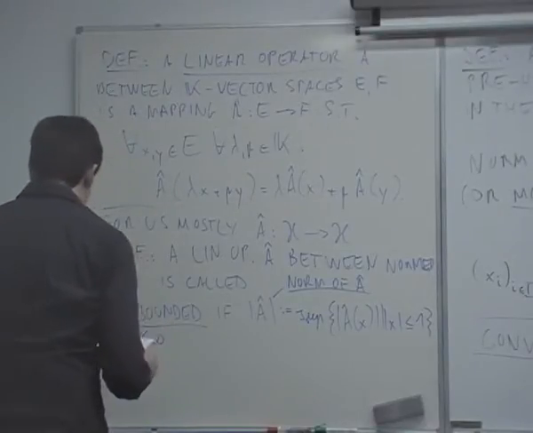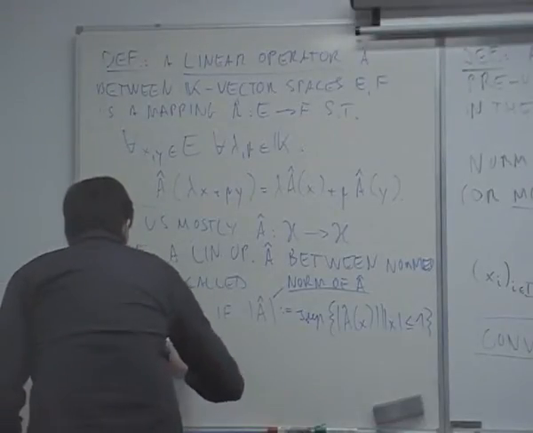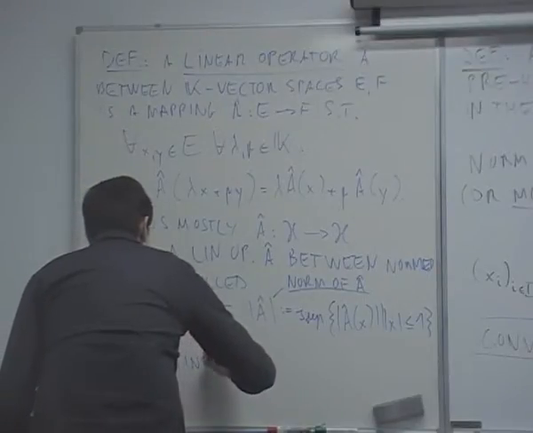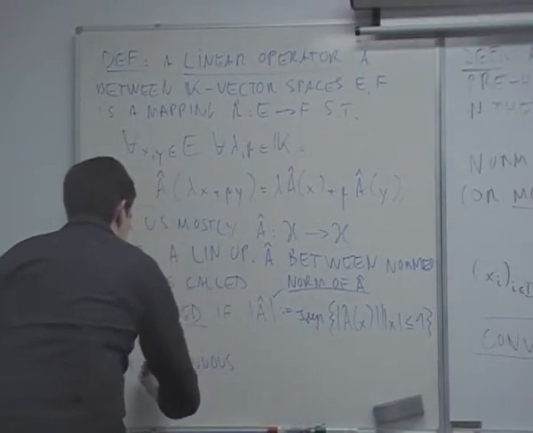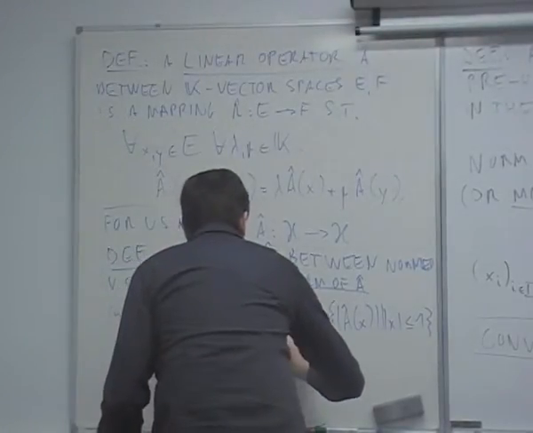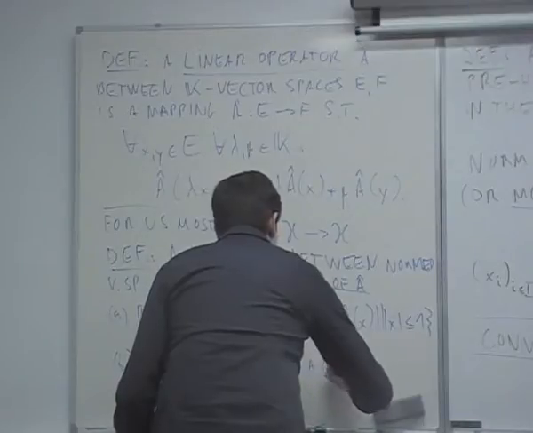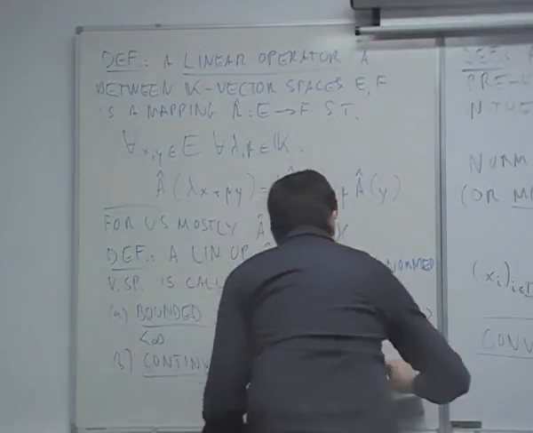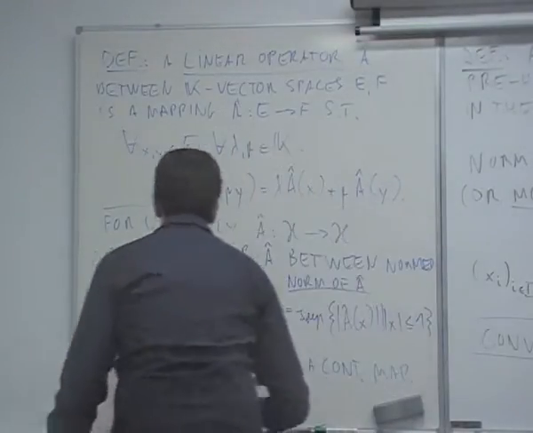There's another notion: we call such an operator continuous. Of course it should be a continuous map in the norm topologies.